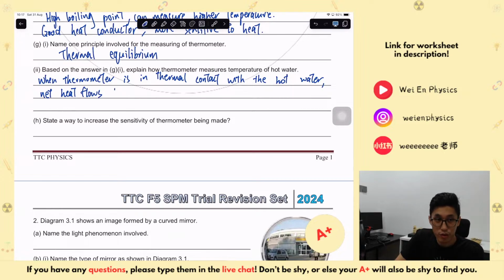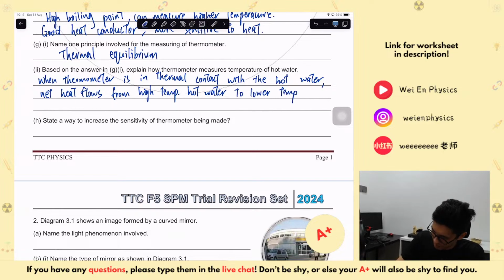So net heat flows from high temperature hot water to lower temperature cold water. Cold water, no, it's a thermometer. I was thinking about the hot and the cold mix.